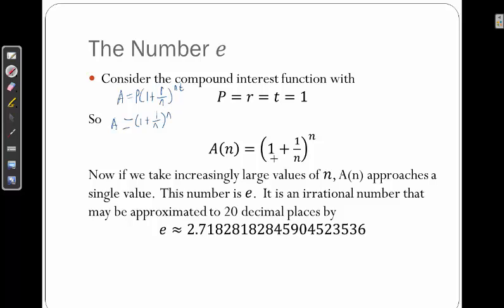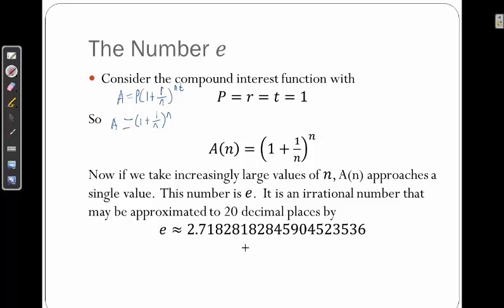Now, if you take increasingly large values of n, like 10, 15,000, 8 million, 3 billion, etc. And it's not hard to do that. You can do it in your calculator. Just take larger and larger values and look at it.